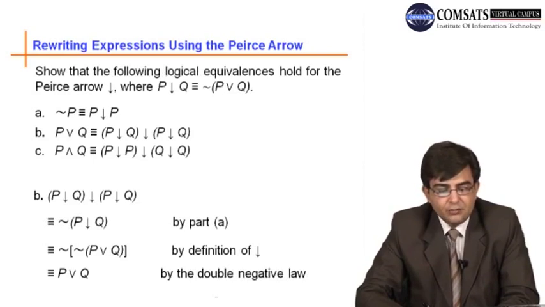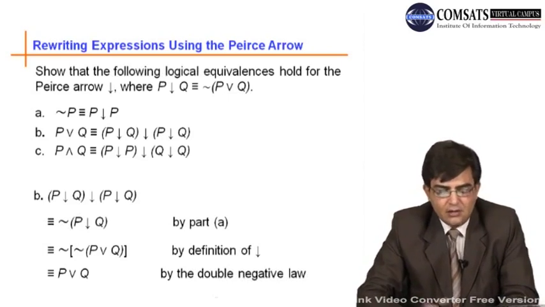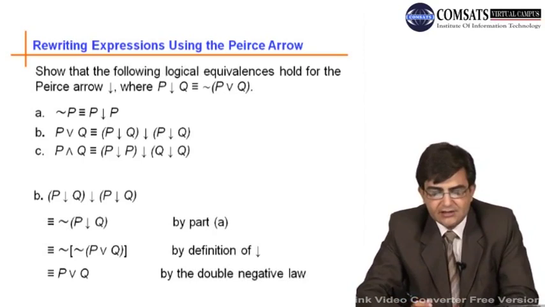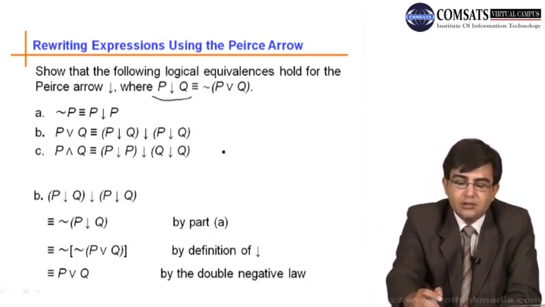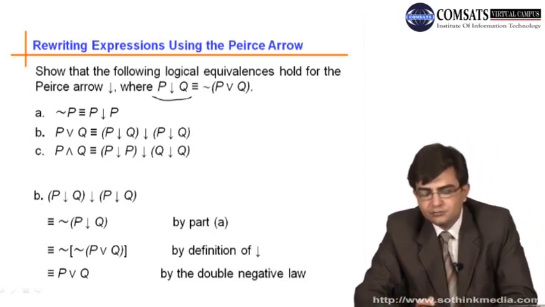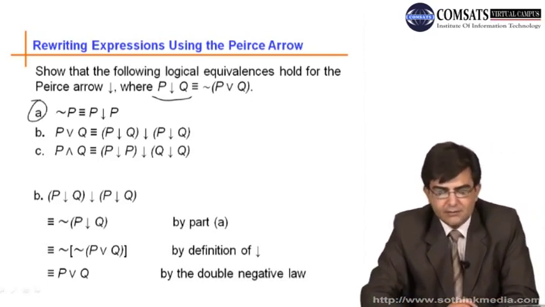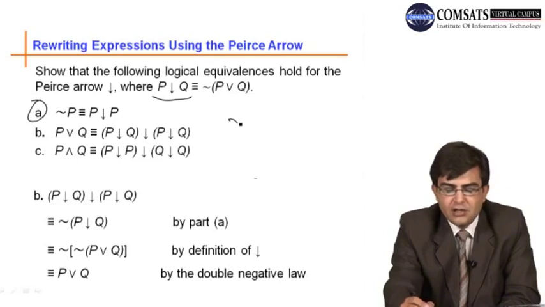and we convert the same Boolean expressions into Boolean expressions which contain only the Peirce arrows, which is a downward arrow. It's just a notation, and the definition of P Peirce arrow Q is basically logically equivalent to not of P or Q. Here in the first part, here not P, by using the same logic, but a little bit different.